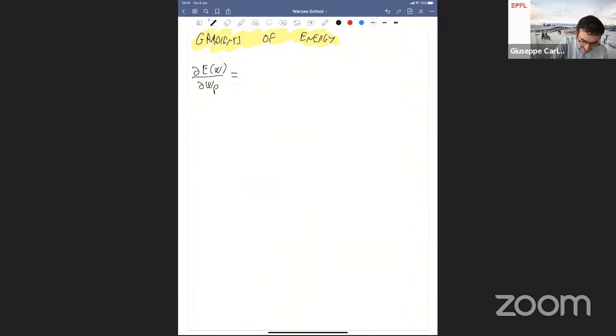In any case, you can show that the gradient is given by twice the real part of an expectation value of this local energy, which depends on the sample that you generated, times an operator that I will call O_p of k, a diagonal operator that I will define in a moment.